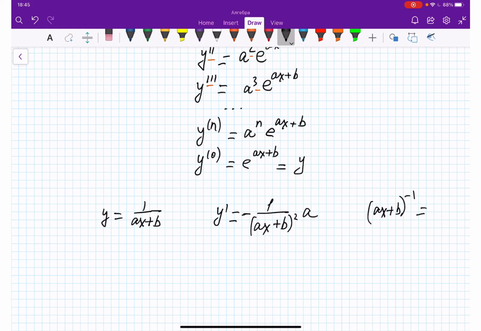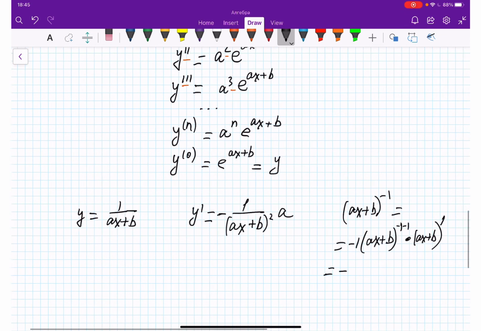This is going to be equal to negative 1 times ax plus b to power negative 1 minus 1, right? And times the derivative of ax plus b. So we have this negative, the derivative of ax plus b is equal to a, right?